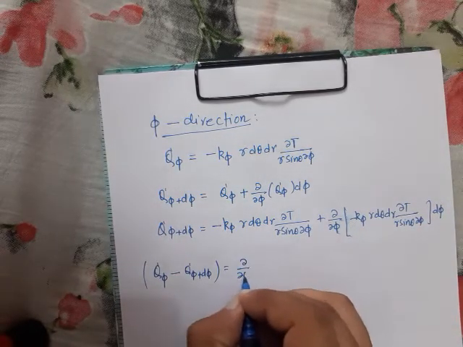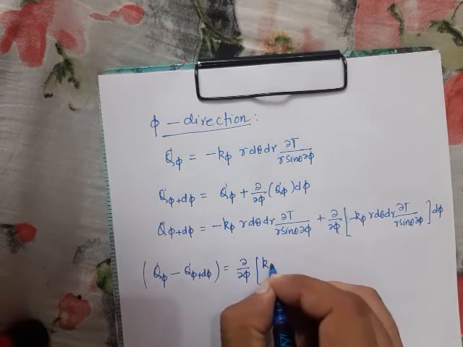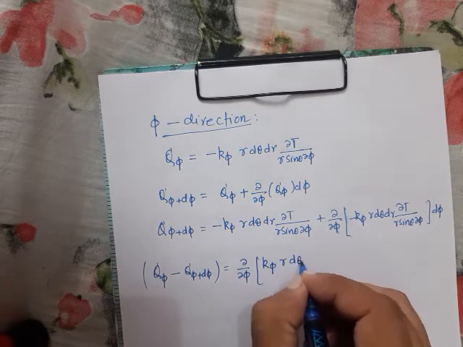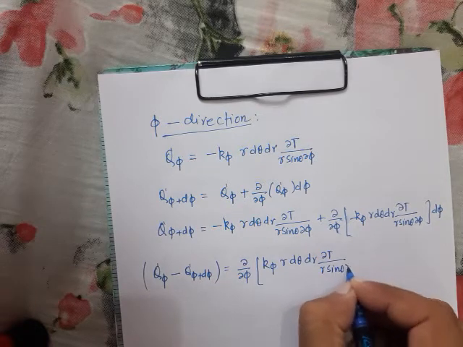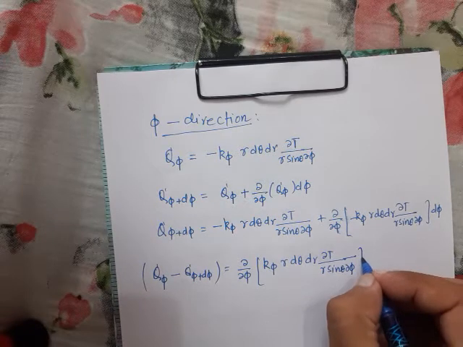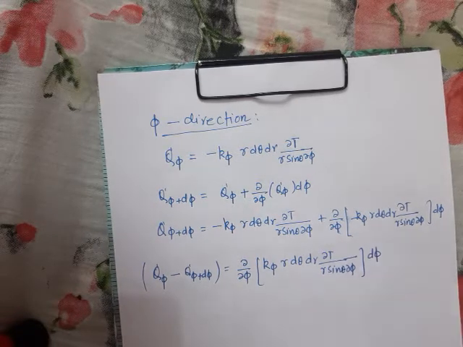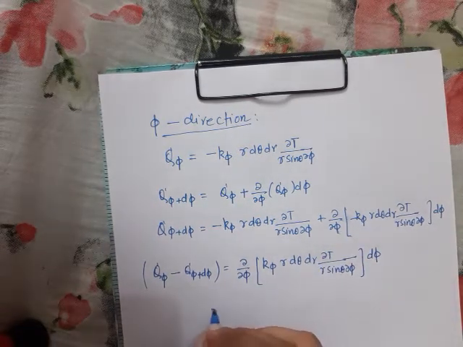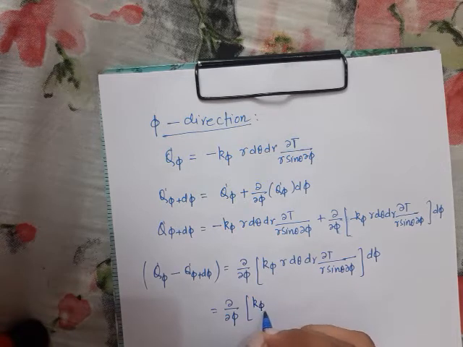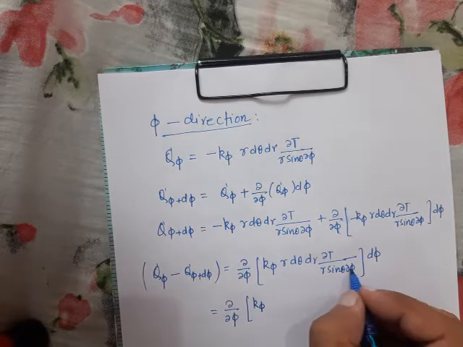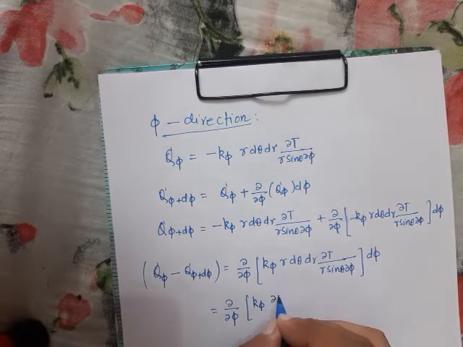It would be del upon del phi of k phi r d theta dr del t upon r sin theta del phi, multiplied by d phi. Now something can be taken out of the equation which is not a function of phi. Del upon del phi, k phi is a function of phi, so it would remain inside. Del t upon del phi would also remain inside.